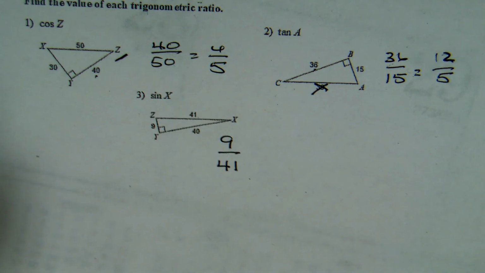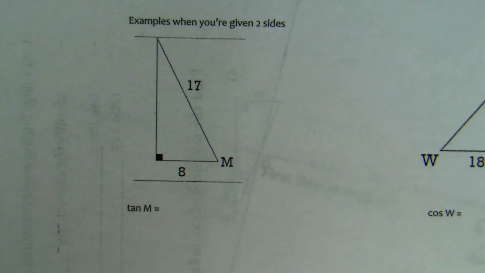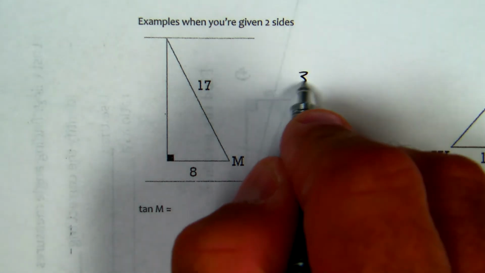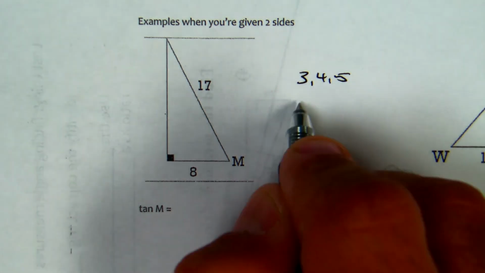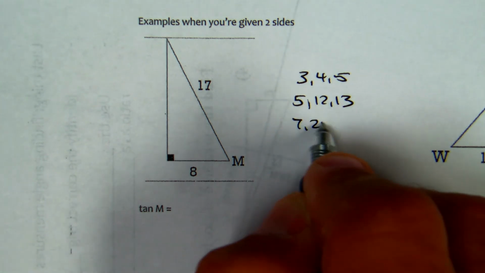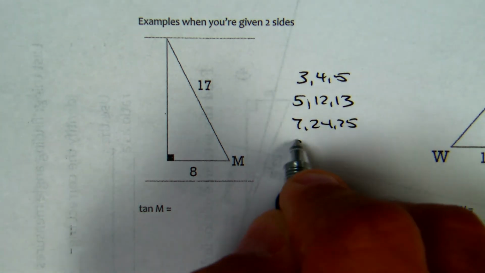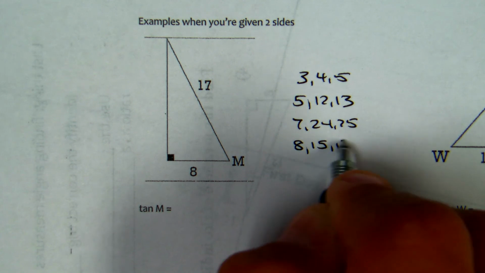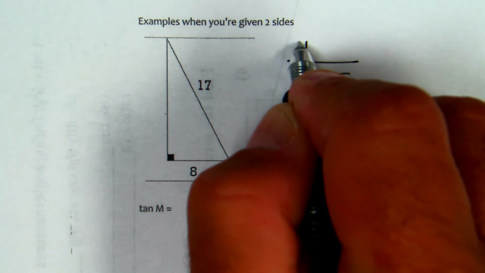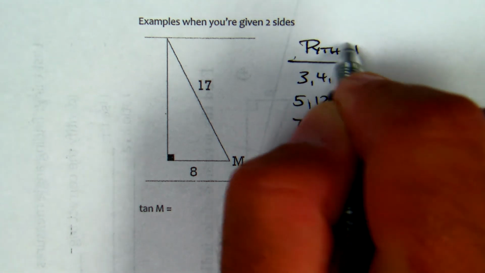Now, examples when you're only given two sides. Sometimes they deal with triples. For those of you that don't recall, 3, 4, 5; 5, 12, 13; 7, 24, 25; 8, 15, 17; 9, 40, 41. Those are Pythagorean triples.